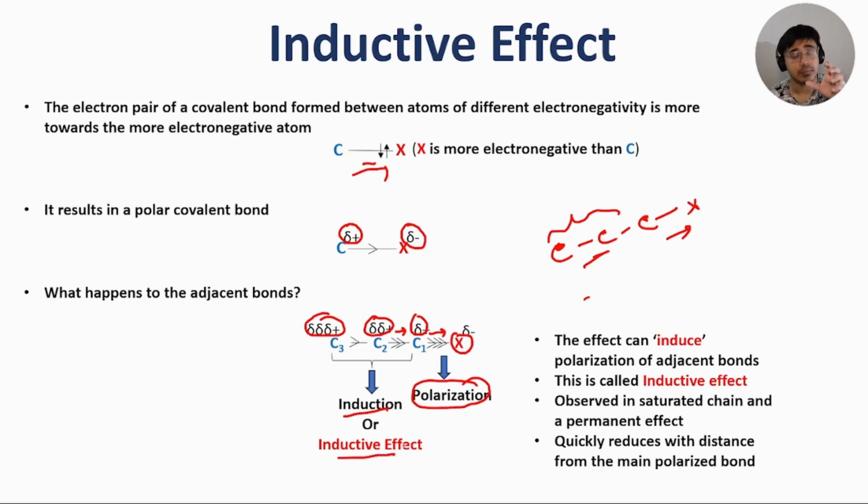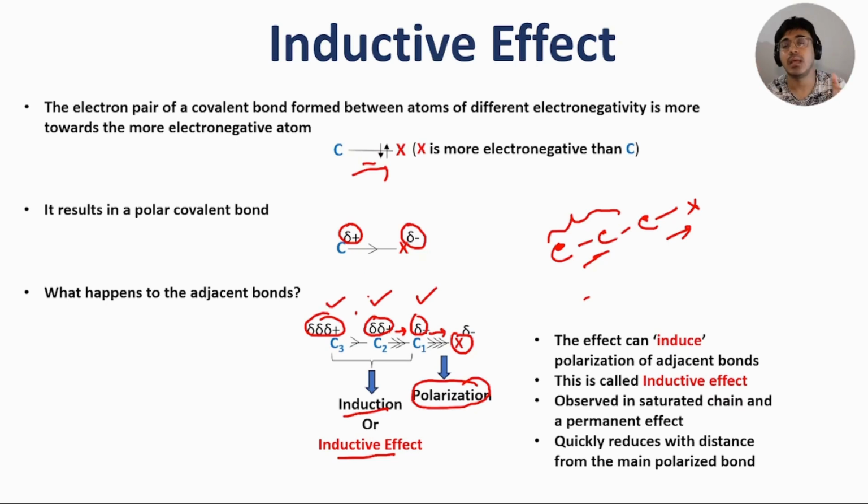That means it does not depend on any temporary things like external reagents or solvents. As they are permanent, many permanent properties of molecules can be explained with this effect. And importantly, as we have seen, from C1 to C2 the partial positive charge on the carbon atom reduces, and from C2 to C3 it reduces further.